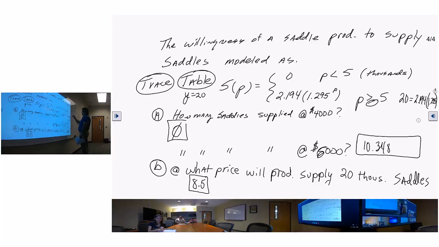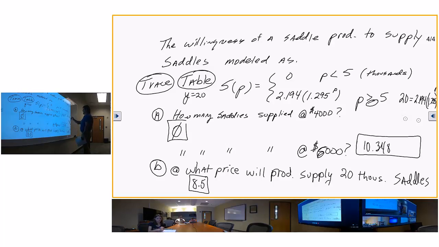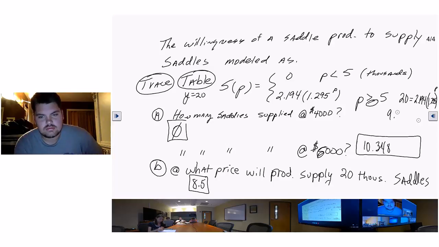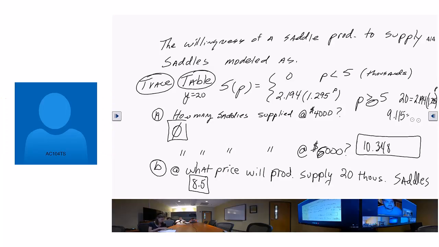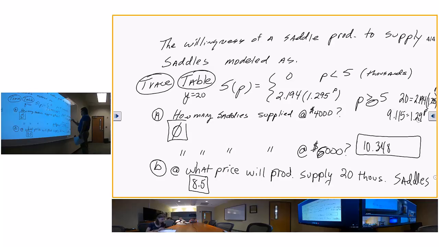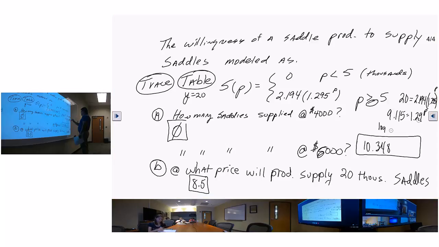1.295^p. Somebody divide 20 by 2.194. What do you get? Just like 9.115. I'm sorry, what? 9.115. 9.115 is equal to 1.295^p. Here you can take the natural log of both sides, or log base 10.